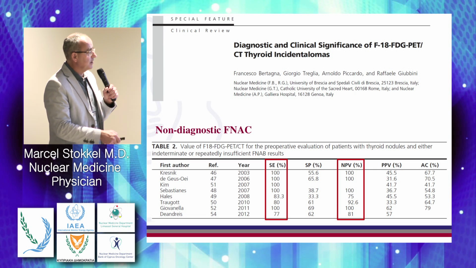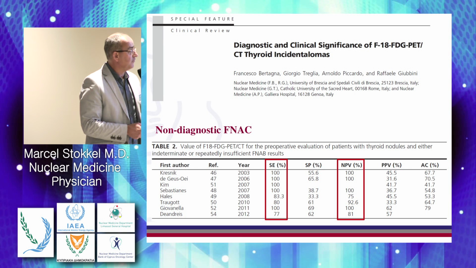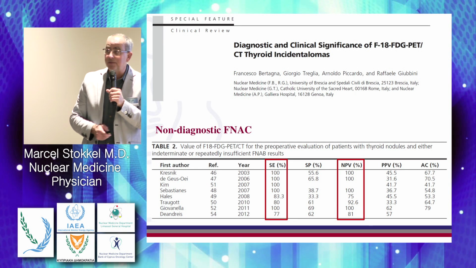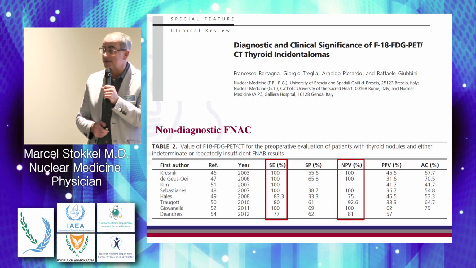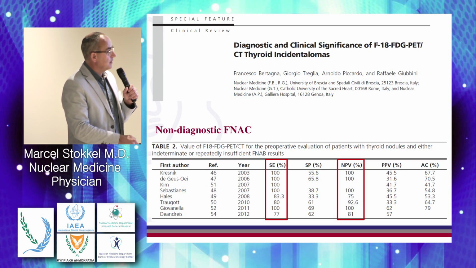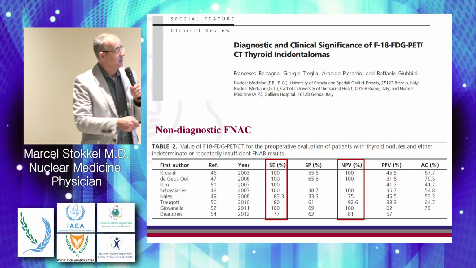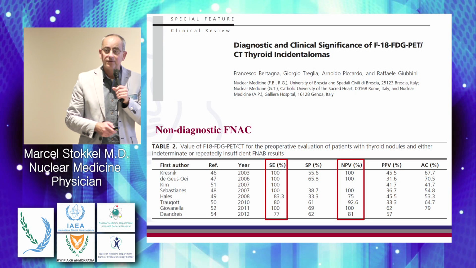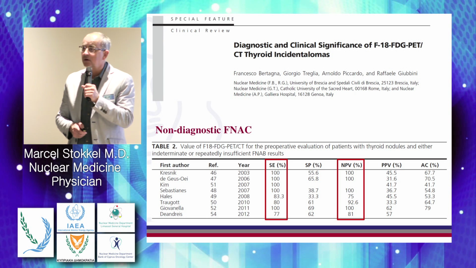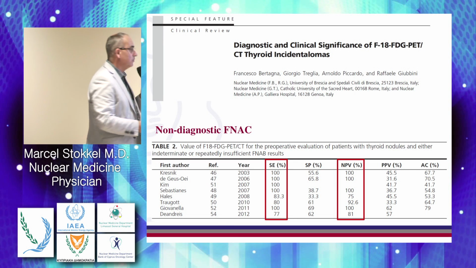But again, you have to realize that the specificity is somewhere in a range of 40 to 60%, depending on, of course, the population that had been studied in this paper. But you can see, again, a very, very high negative predictive value. And based on these results, it was concluded that there is definitely a role for FDG PET scanning in patients with such nodules.